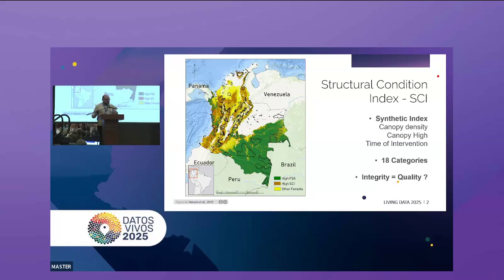And to the contrary, when the SCI is too low, 1 or 2, the forest structure is smaller and more disturbed by human activities. So here is a question about whether this kind of indicator developed for remote sensing is good, for example, to capture all the complexity in the forest in the context of human intervention.